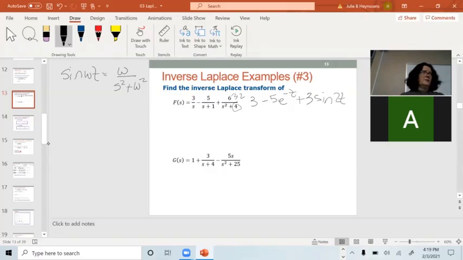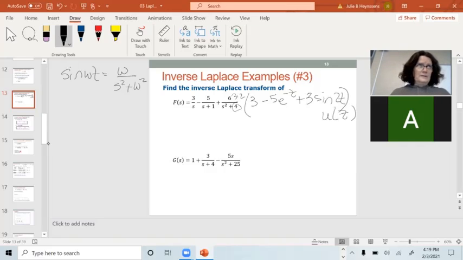I left the u of t off because the standard form, when you do the inverse Laplace transforms, is you multiply the whole expression by u of t, just to remind you that you have no information about this for t less than 0. That will force the function to be 0 for t less than 0.